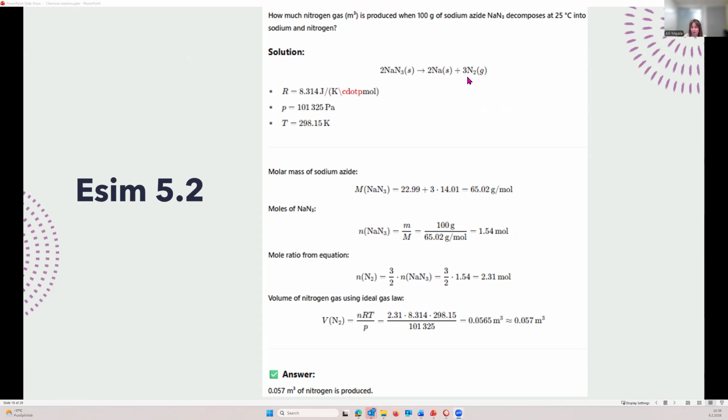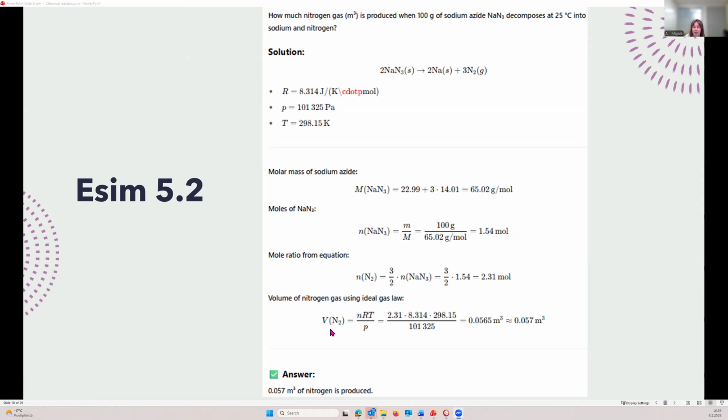So I need a molar ratio here. The ratio is 3 to 2. Multiplying with this, I get how many moles of nitrogen I get.